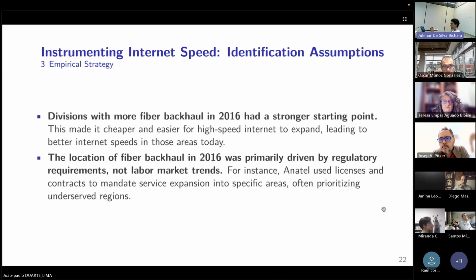This is very important: the infrastructure is not only in places where the labor market was stronger or that were growing more, richer places. They were selected based on the idea of universalization of internet access. So it was planned by the government, not only driven by labor market options.